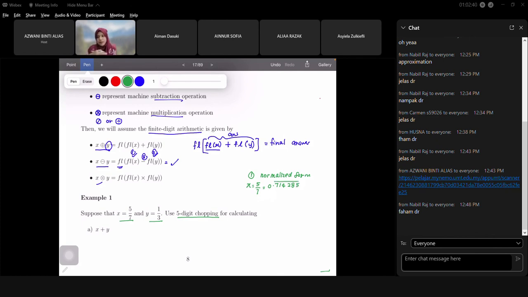Kenapa saya letak bar kat atas tu, dia repeated. Kalau you tengok the behavior of the number bila you 5/7, dia dapat 0.714285, 714285, 714285 and so on. So the bar kat atas tu adalah the repeated number.